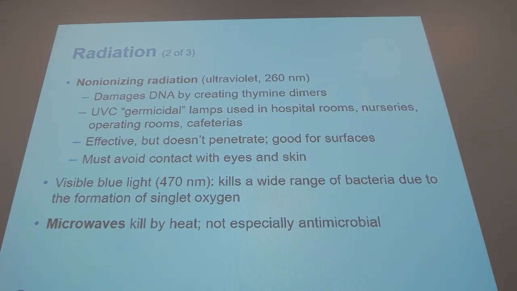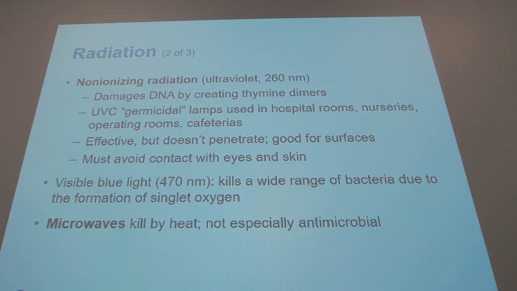Okay, so today we're going to be continuing with these physical methods of control of microbial growth. One of them is the use of radiation. We saw already ionizing radiation. Now we're going to move on into non-ionizing radiation.